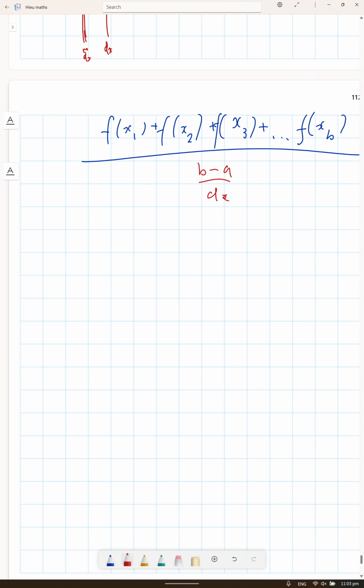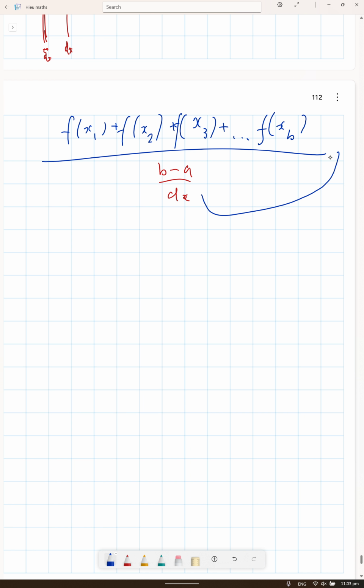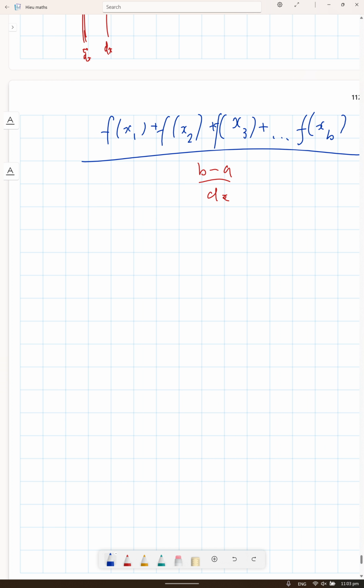So let's rearrange this a little bit. Let's move the denominator inside the denominator up. This is going to be 1 over b minus a, times the sum of all the different f(x)'s from a to b, multiplied by dx.